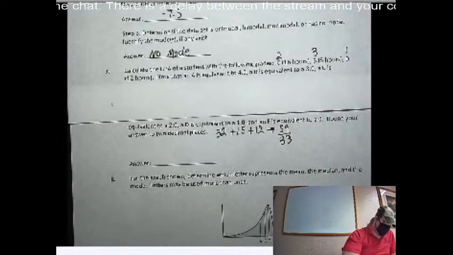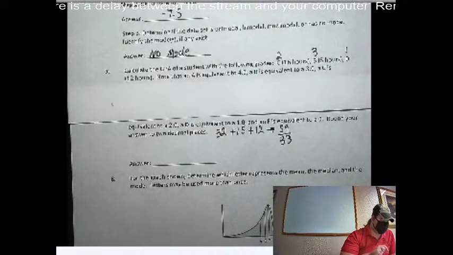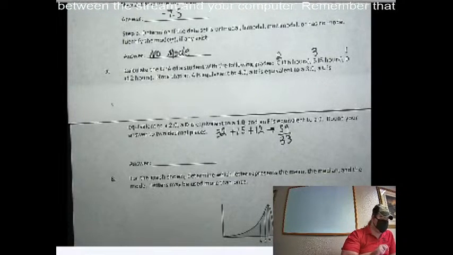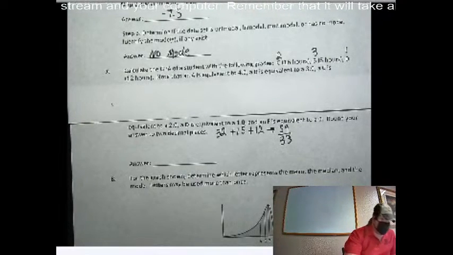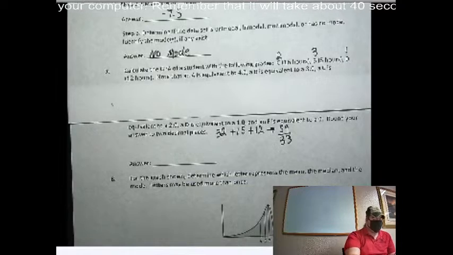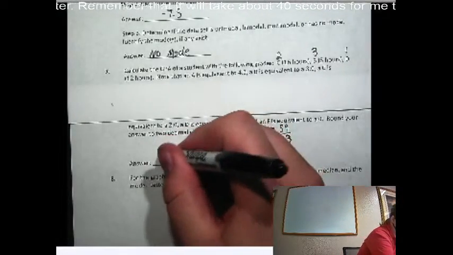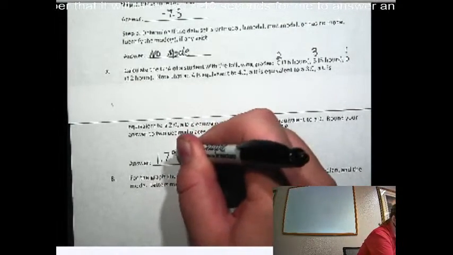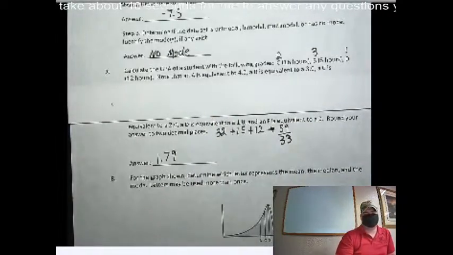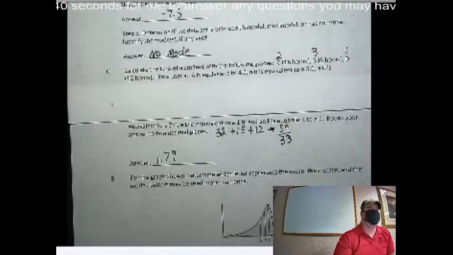So let's see, what is 59 divided by 33? We went around to 2 decimal places, so that gets us 1.79. Not a great GPA.